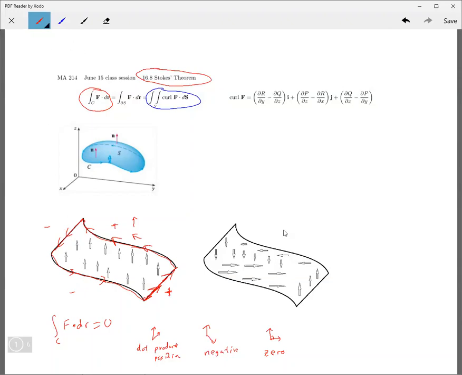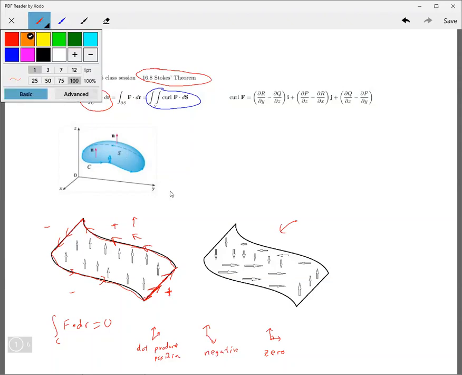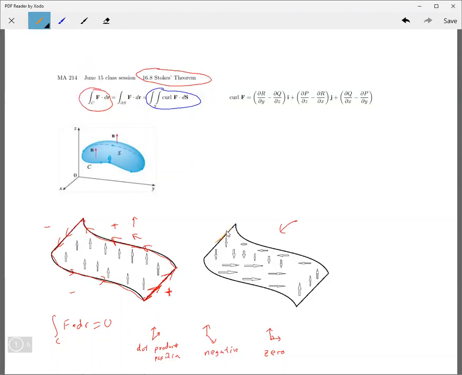Now, if we look at this surface instead and take the line integral around the whole thing, here the direction going along the curve is roughly the same as these vectors.